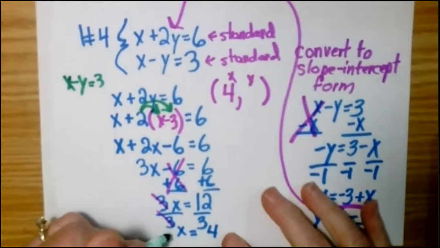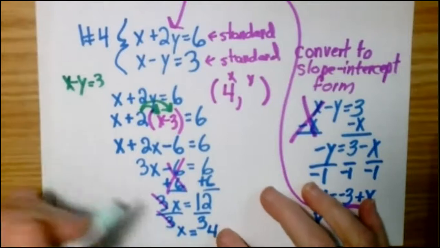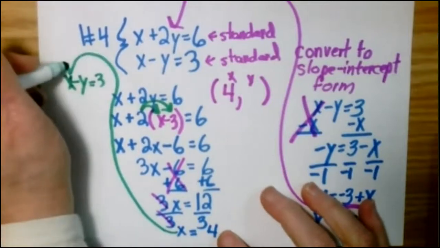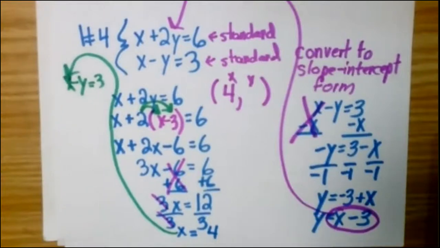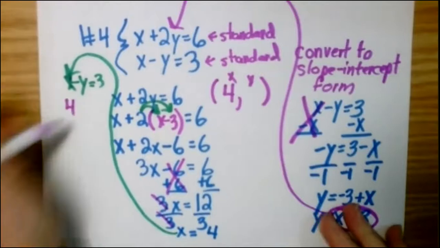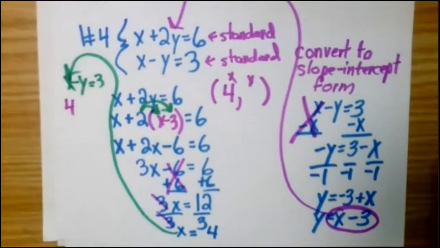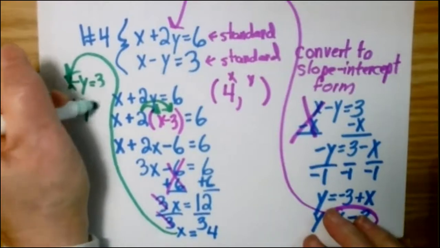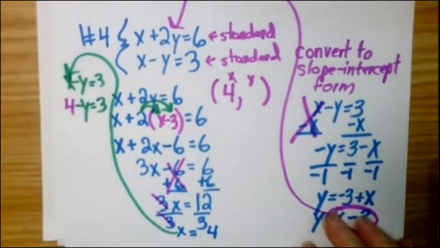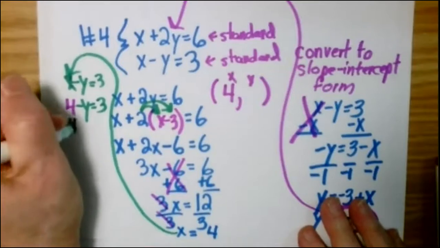I'm plugging in the 4 for my x. So that'll give me 4, because x equals 4, we figured out, minus y equals 3. Now we have to get y by itself, so we're going to subtract 4 from both sides.